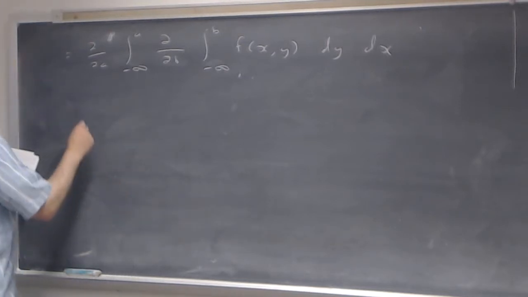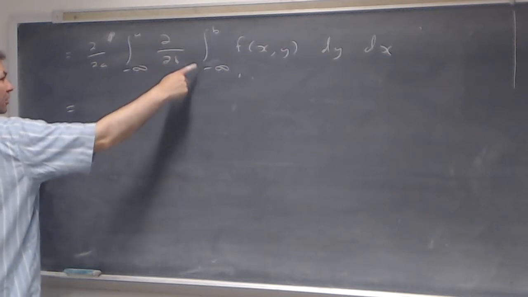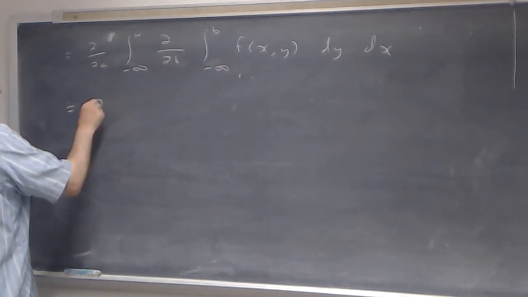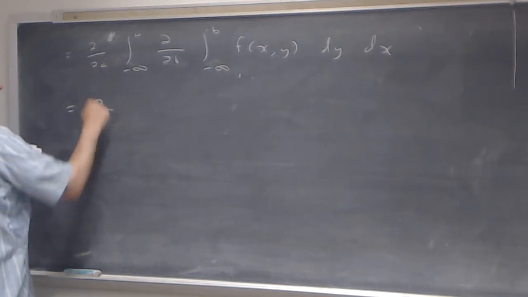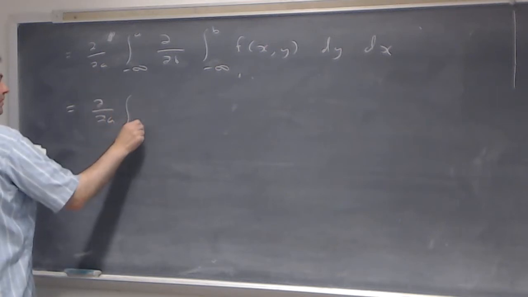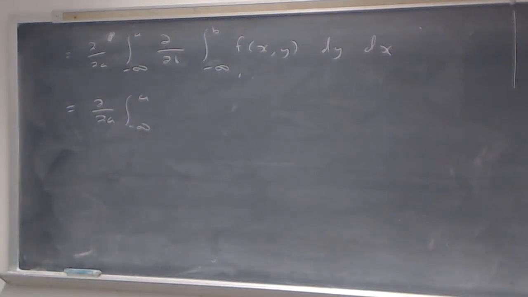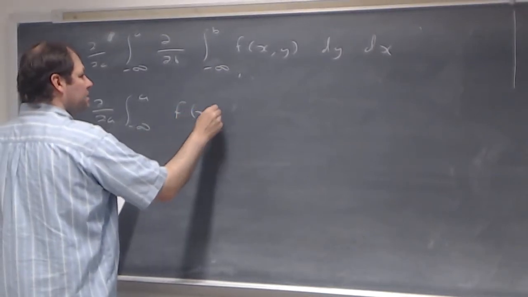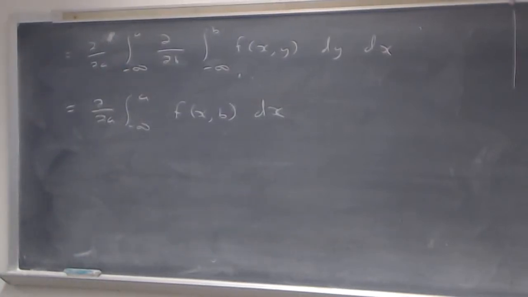That's nothing more than the previous fact. It's going to be the derivative with respect to b of this quantity, this integral. And so that is nothing more than the partial derivative with respect to a, minus infinity to a, and here this is going to be f of x comma b dx.